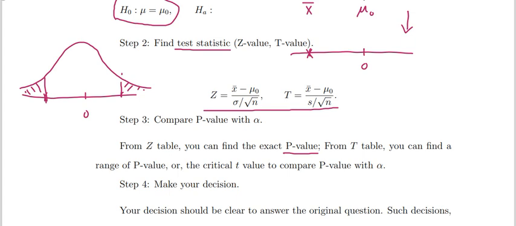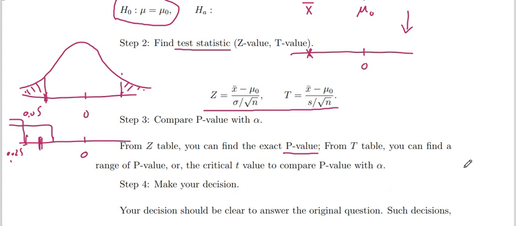Let's say there's a t table, and for this test statistic, the t table gives us those points. Here, let's say the cutoff point is 0.05, and this is 0.025. Then we find the p-value is between 0.05 and 0.025, right?